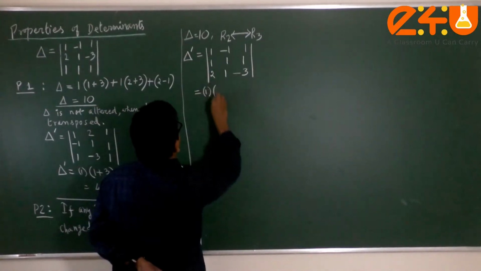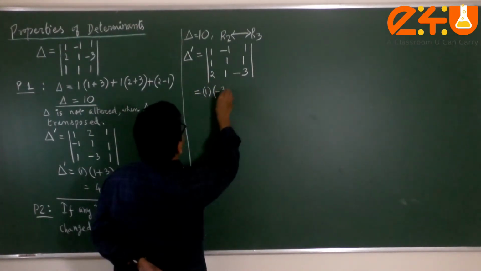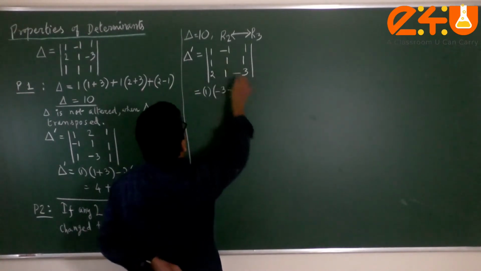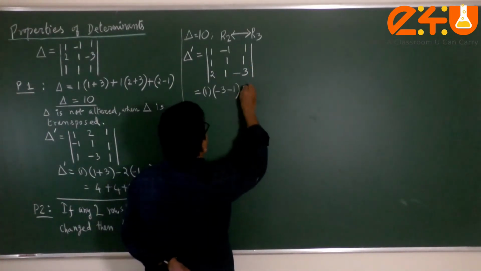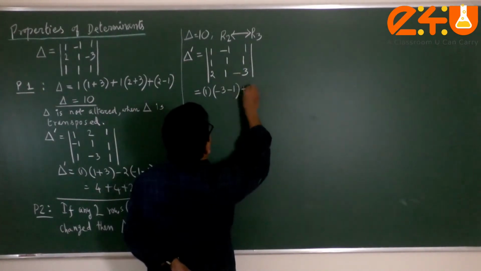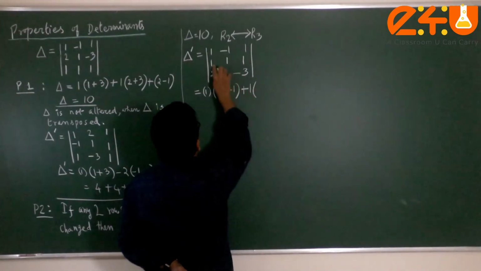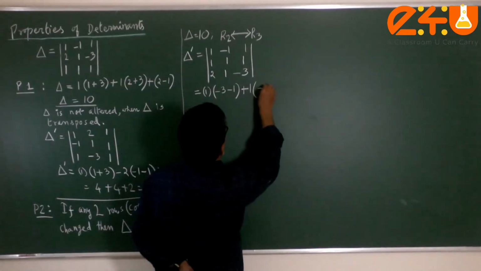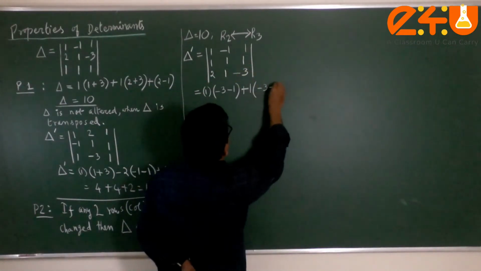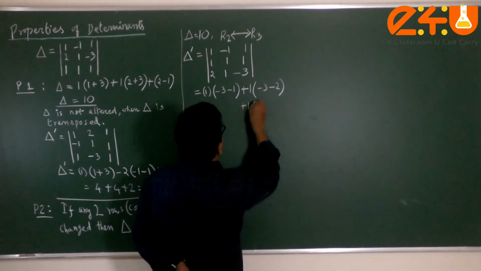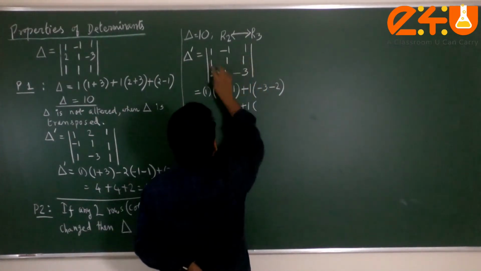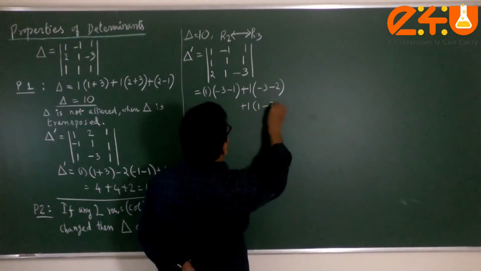First element into its cofactor, negative 3 minus of 1 again. Then as a cofactor, negative of negative 1. And the minor, once again, minus 3 followed by minus 2. And a plus 1 and its minor 1 minus 2.